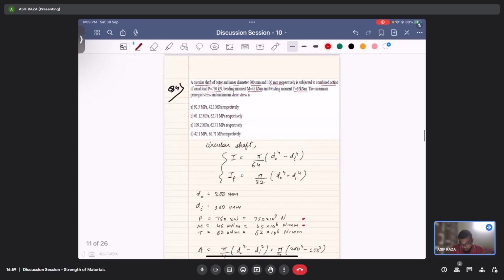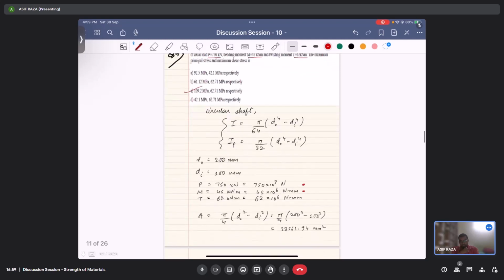Maximum principal stress matches only option C, and 62.7 megapascal is there already. So the correct answer is option C: maximum principal stress is 109.2 megapascal and maximum shear stress is 62.71 megapascal respectively.